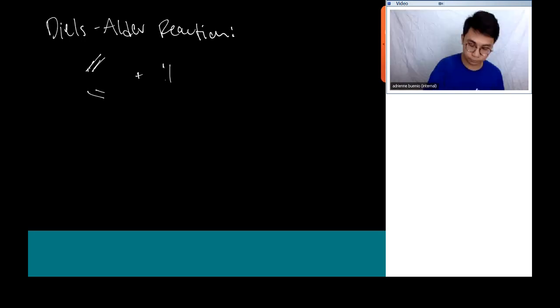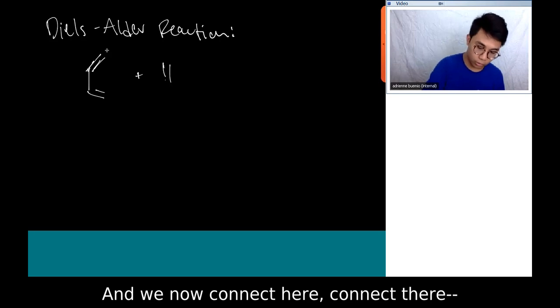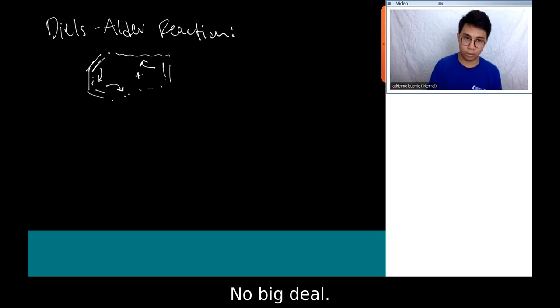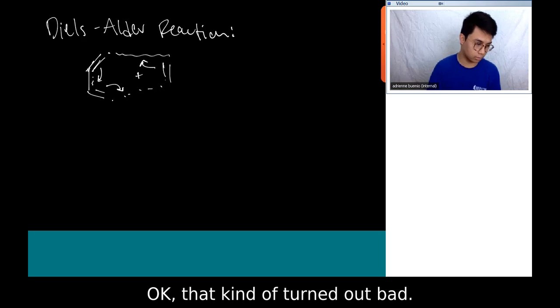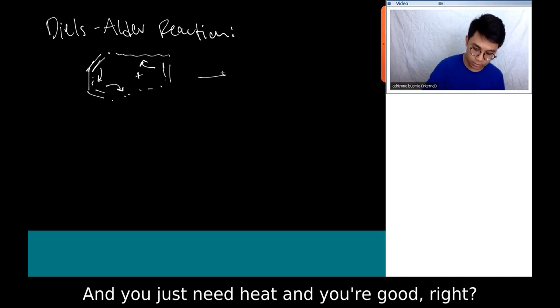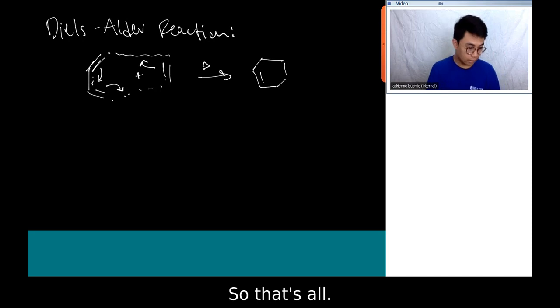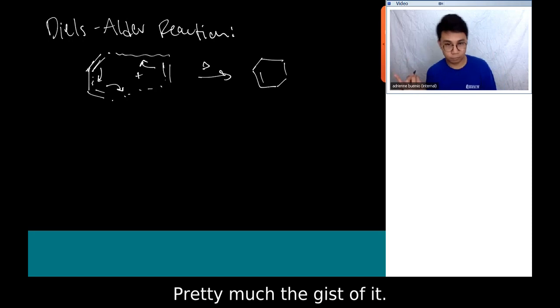We know it'll connect here, connect there, here. No big deal. That kind of turned out bad, but you just need heat, and you're good. That's pretty much the gist of it.